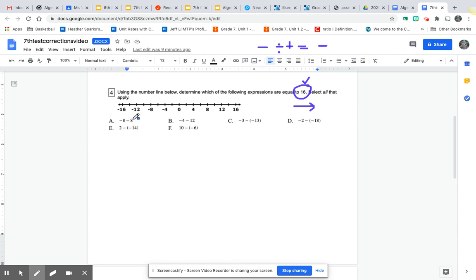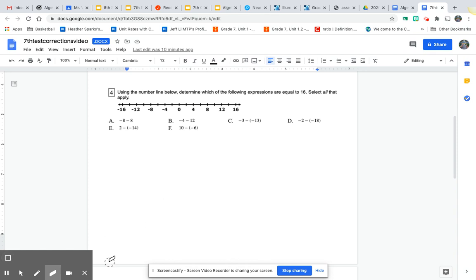So you're going from +8 to -8. The distance between those two is -16. Let's look at my next one here. I have -4 minus 12, so you're going from 12 to the -4. That's also -16.